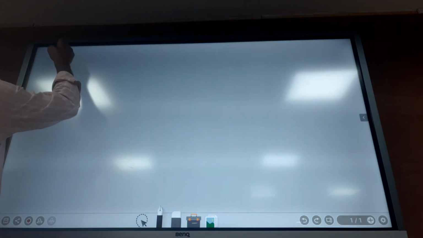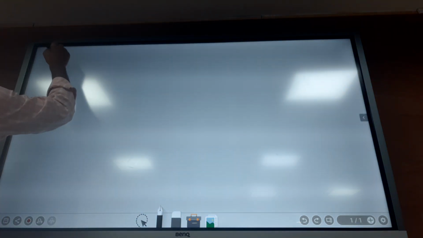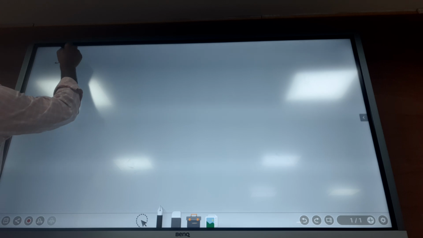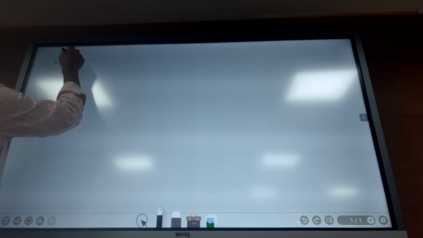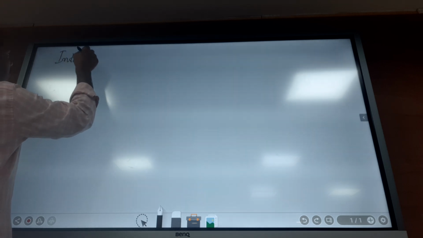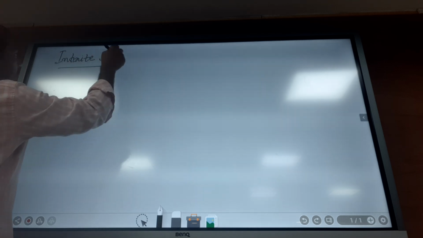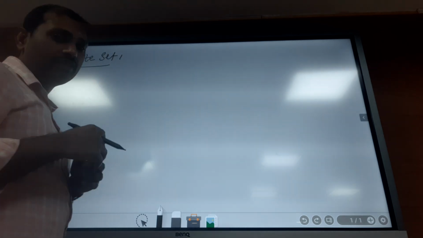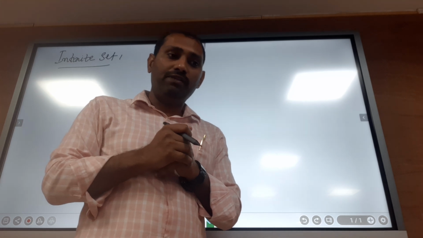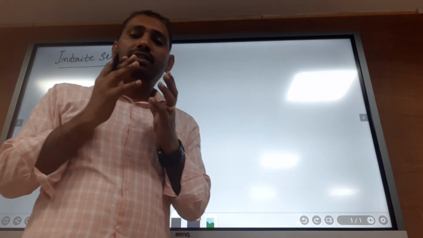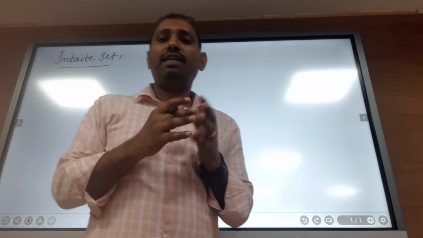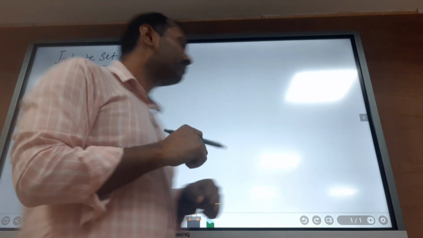What are infinite sets? We can say a set is known as infinite set, in which the elements or the members of the set are infinite, which we can't count.